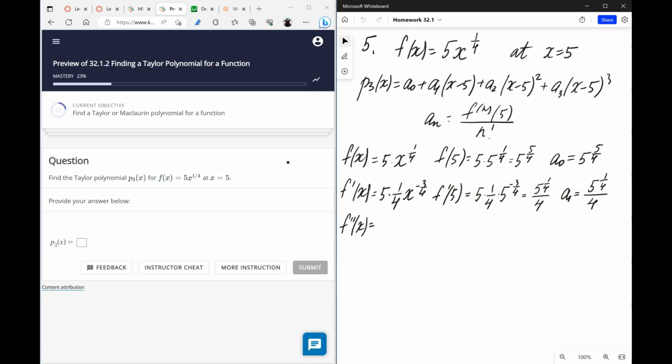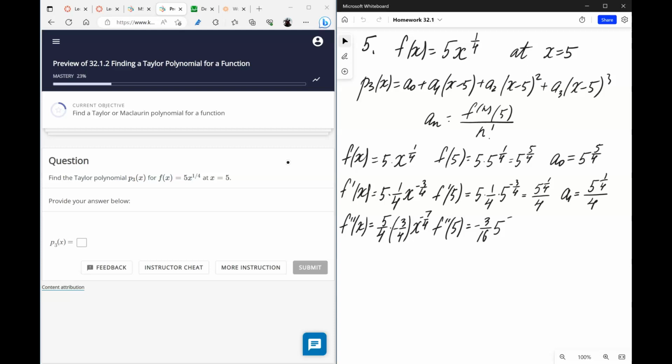To find a2, we find the second derivative. So it's 5/4 times negative 3/4 x to the power negative 7/4. Evaluating this at 5, we get negative 3/16, 5 to the power 1 minus 7/4, so it's going to be negative.